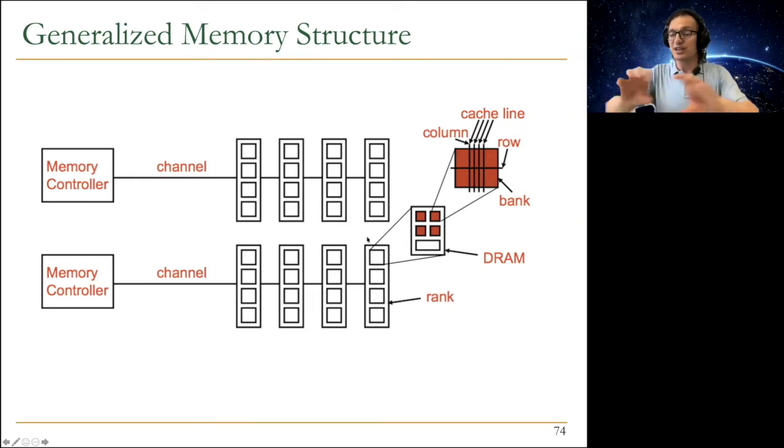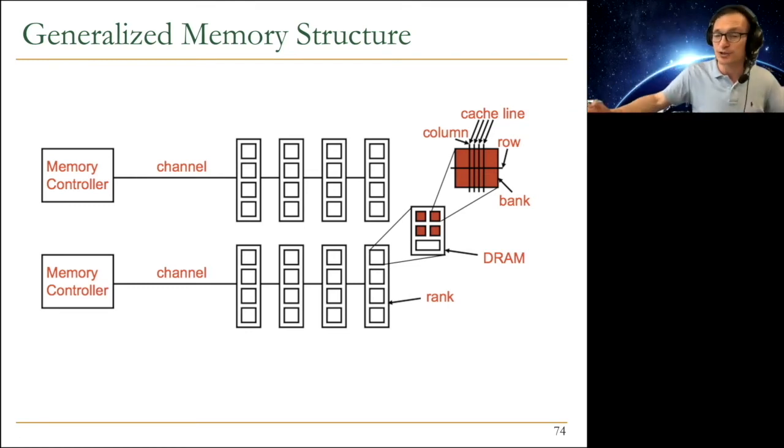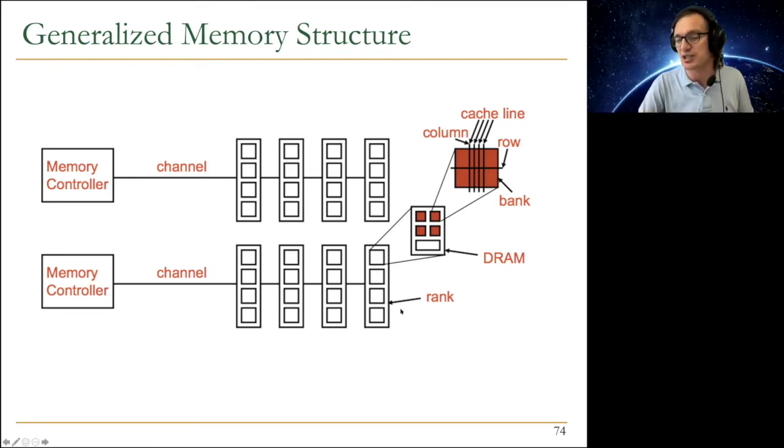If you want to build larger memories with higher throughput, you put together, for example, 4 of these chips, and they form a rank. A rank of chips responds to the same command at the same time. So if each of these chips supplies 64 bits, 4 of these chips concurrently supply 4 times 64 bits to you. That way you can get higher throughput as well as higher capacity at the same time. That's the concept of a rank.